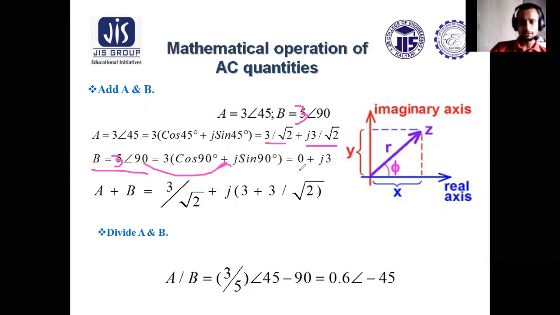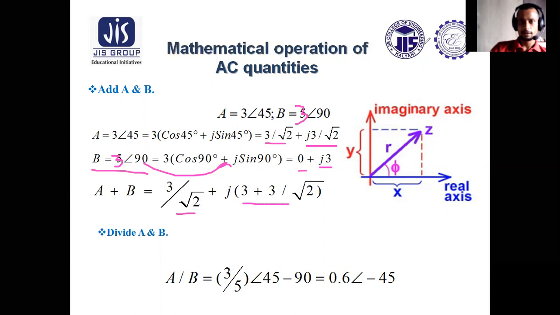Cos 90 will be 0 and sin 90 is 1, so j3. Finally, A plus B: real parts added, 3 by root 2 plus 0, that is 3 by root 2, and imaginary parts added, 3 by root 2 plus 3.